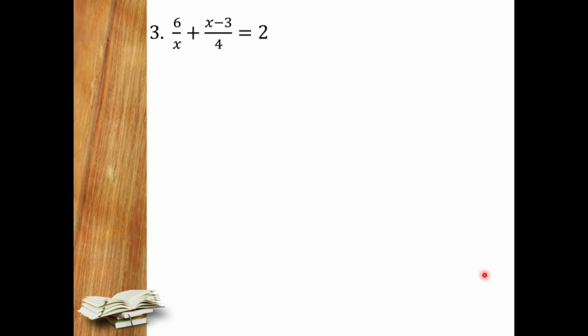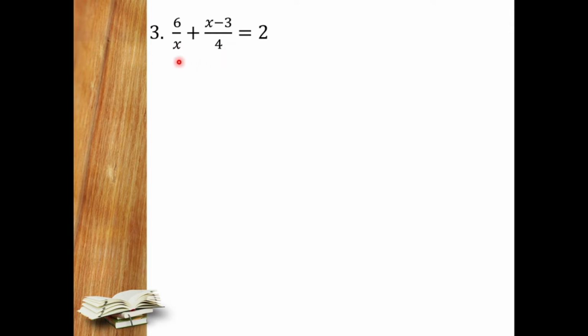So, for example, yan. 6 over x plus x minus 3 over 4 is equal to 2. So, at first glance, iisipin natin na hindi ito quadratic equation. But if we're going to solve for the roots, matra-transform natin ito into a quadratic equation. So, ano yung first step natin?